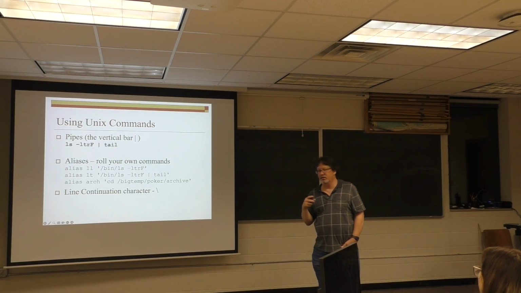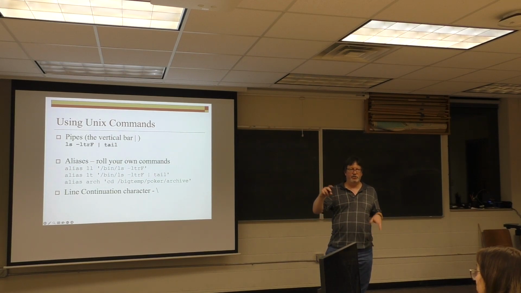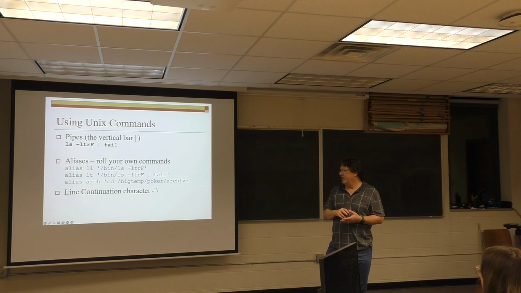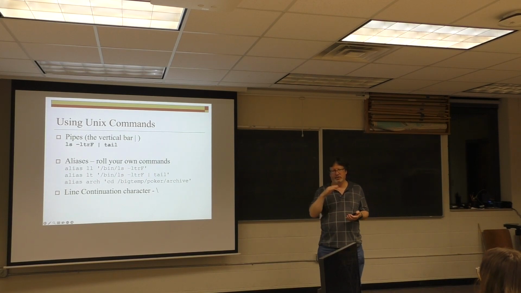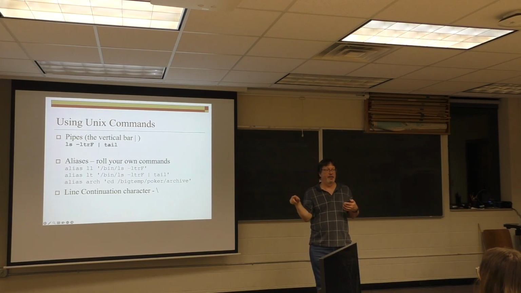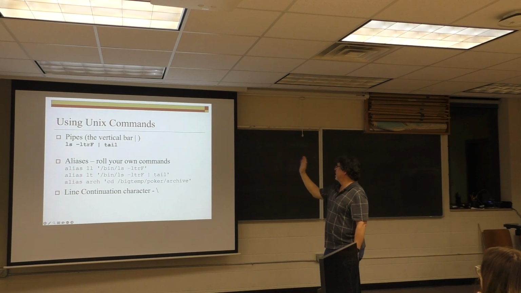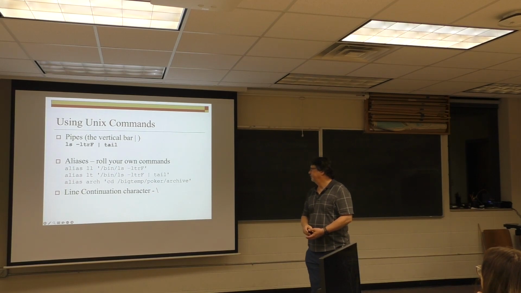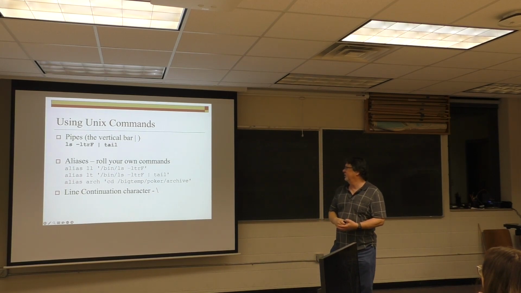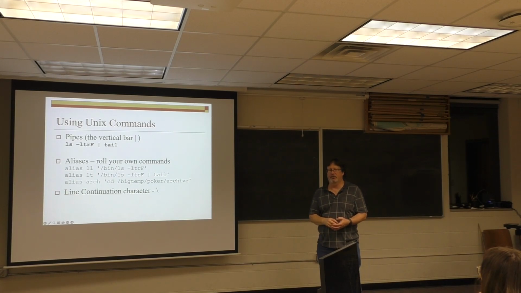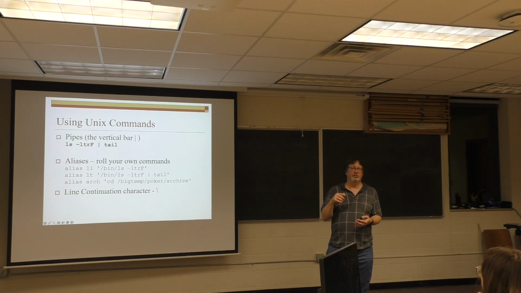Sometimes you'll have commands that are too long for one line, and you can just keep typing. But for readability, sometimes it's nice to stop and continue your command on the next line. The line continuation character is a backslash, like this one, not this one. Technically, what that character does is remove any special meaning of the next character. We'll talk later about special characters, like an asterisk means anything.